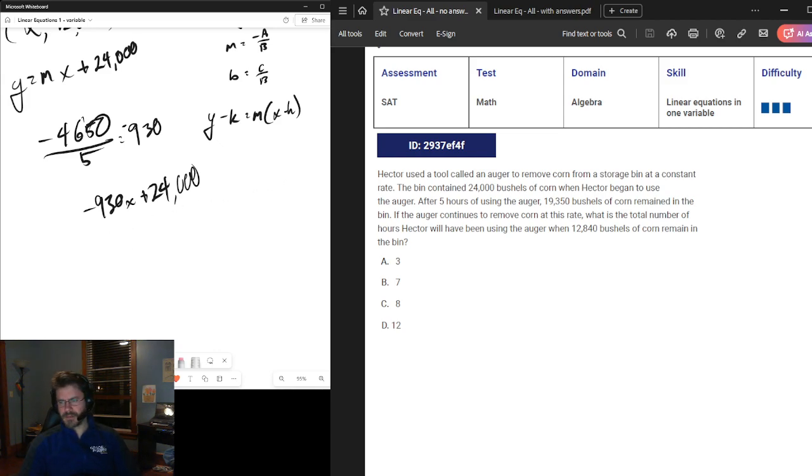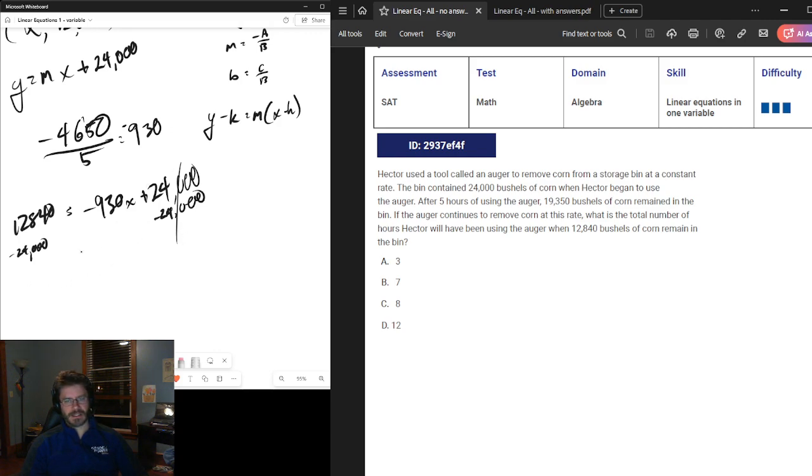All right. And they want to know when does it reach 12,840? So we're going to set this equal to 12,840 and do our manipulation here. We're going to subtract 24,000 from both sides, because whatever you do to one side, you have to do the other.